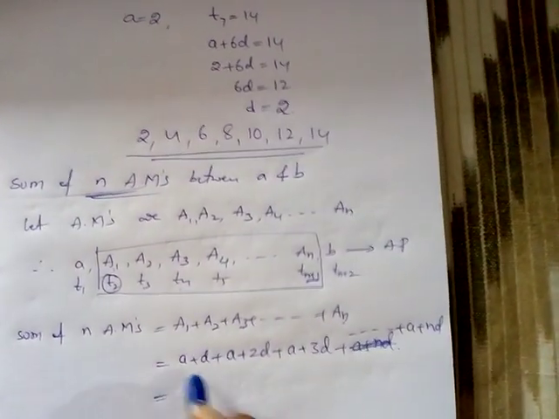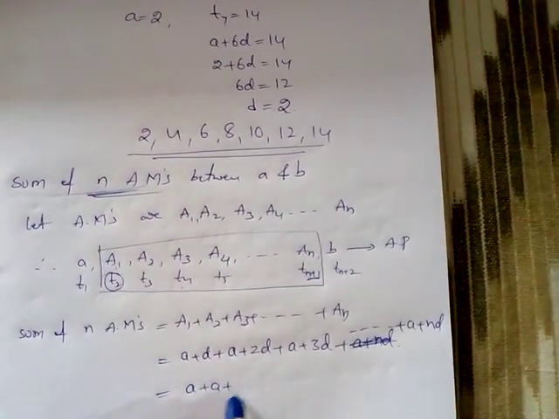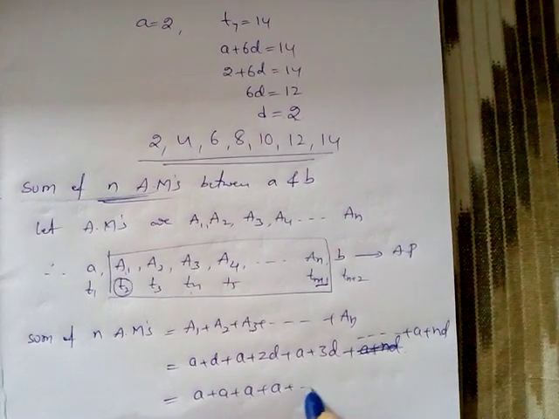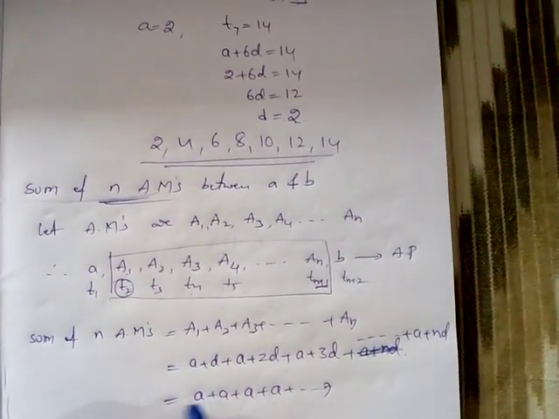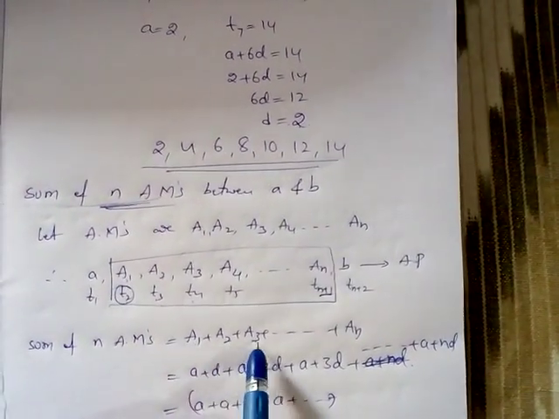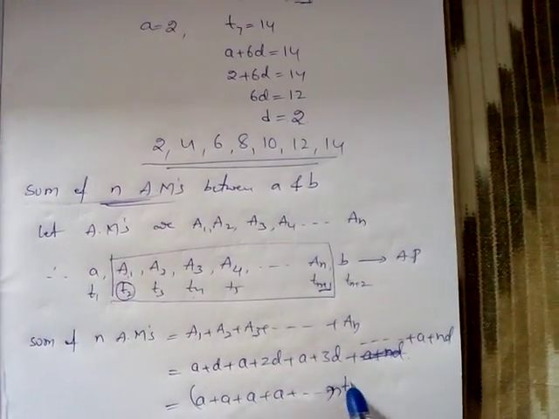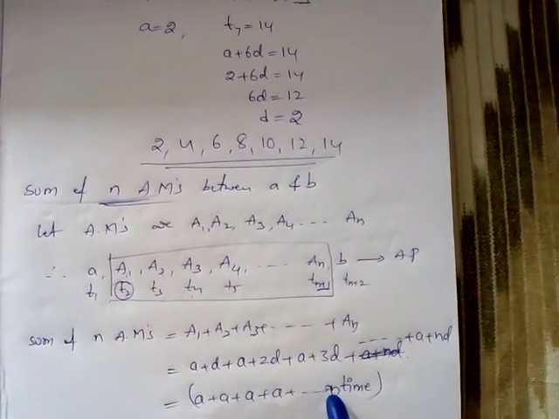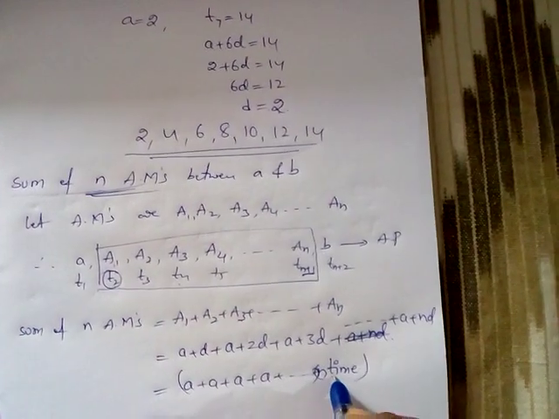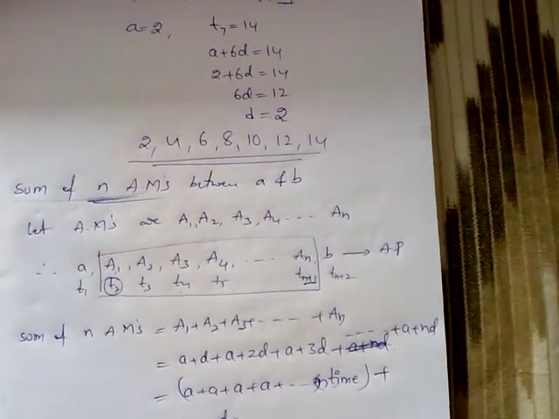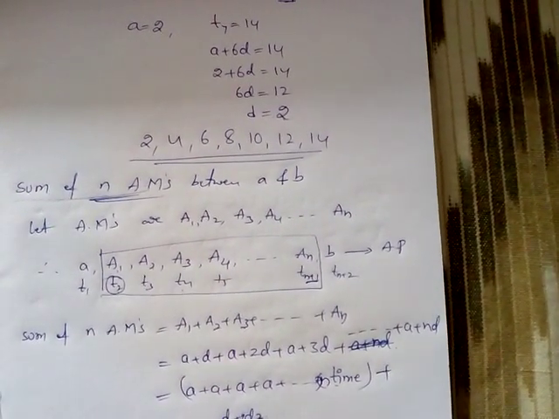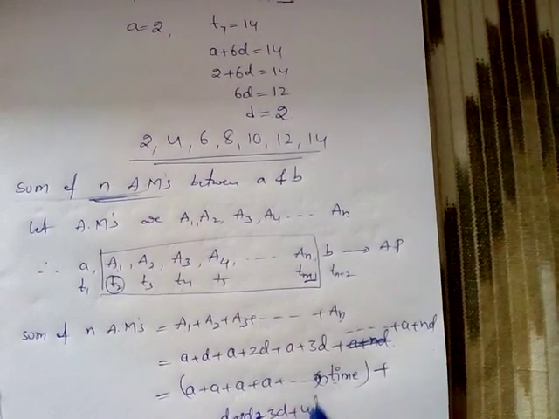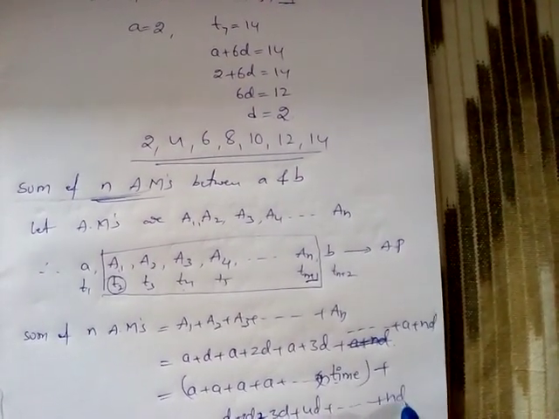So now grouping the a terms: a plus a plus a plus a and so on. How many times? a is repeated n times, plus d plus 2d plus 3d plus 4d plus so on up to nd.